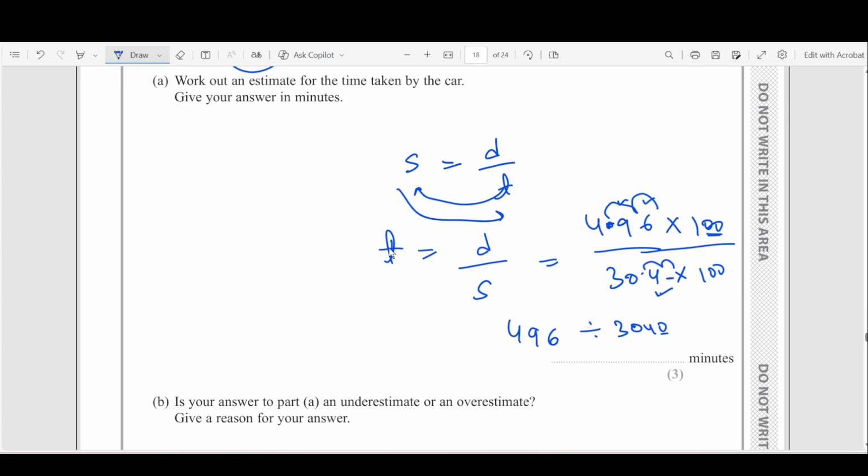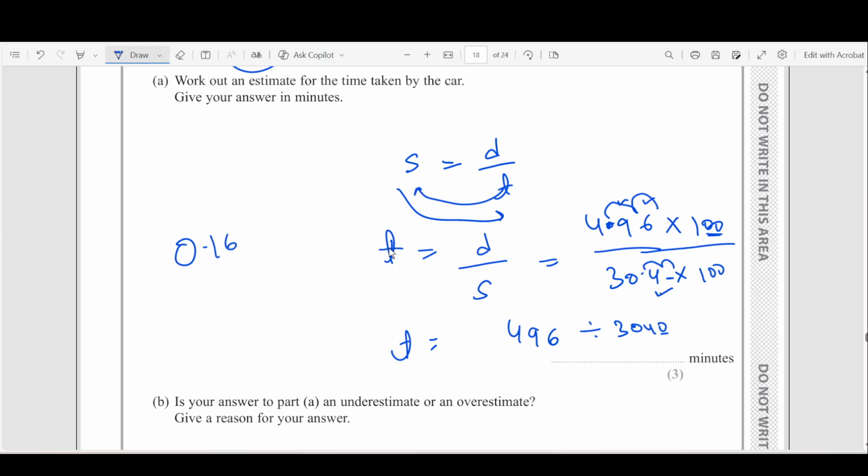And now if we just divide, we can write our time: 496 divided by 3040, I think it's going to be 0.16.